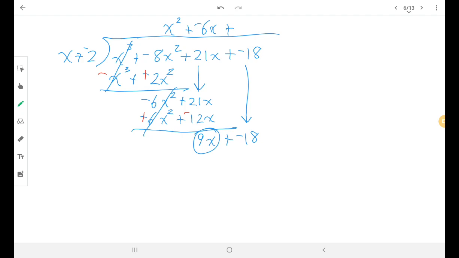We need to make 9x. We need to multiply by x to do it. That's 9 times x makes 9x, plus 9 times negative 2 is negative 18, and when I subtract all of that, it will cancel, leaving me with a remainder of 1.